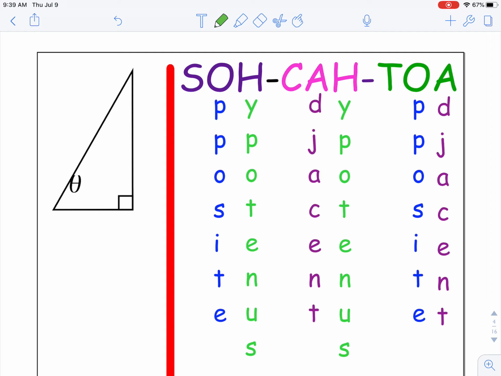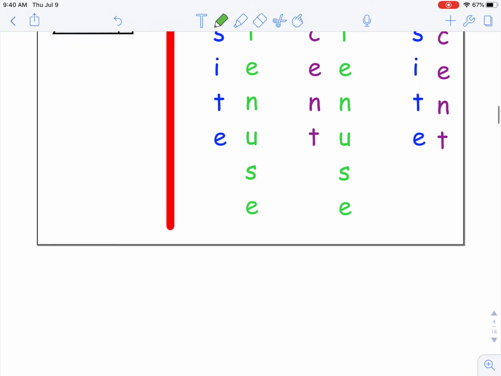So to help us remember these ratios, we use an acronym called SOHCAHTOA. SO is for our sine ratio, and that is the opposite divided by the hypotenuse. The cosine is our CAH, and that's the adjacent divided by the hypotenuse, and the TOA is our tangent ratio.